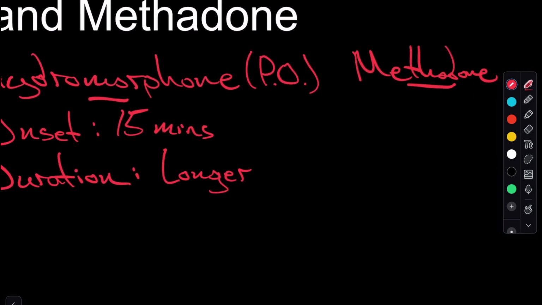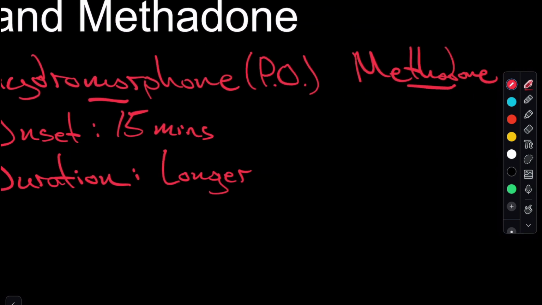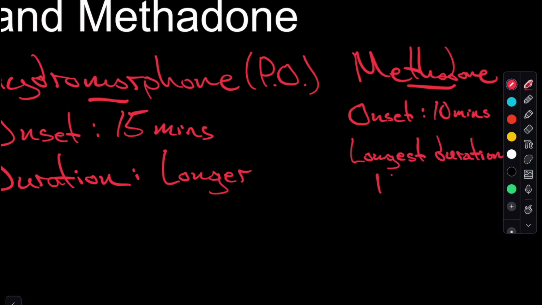And then finally, methadone. Methadone has an onset of 10 minutes. The Stanford CA1 manual actually advocated for using methadone more frequently than it is. It says that it's kind of looked over. It has the longest duration, with a half-life of 1 day.